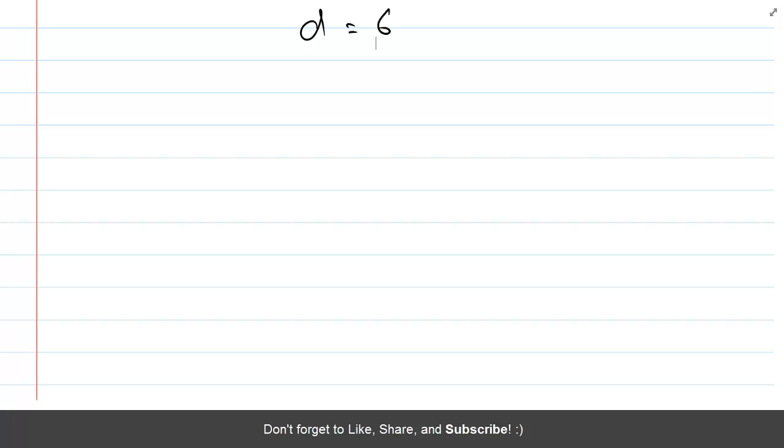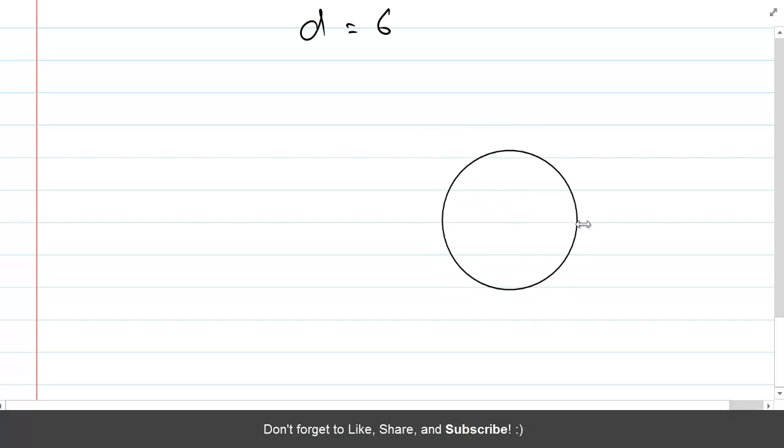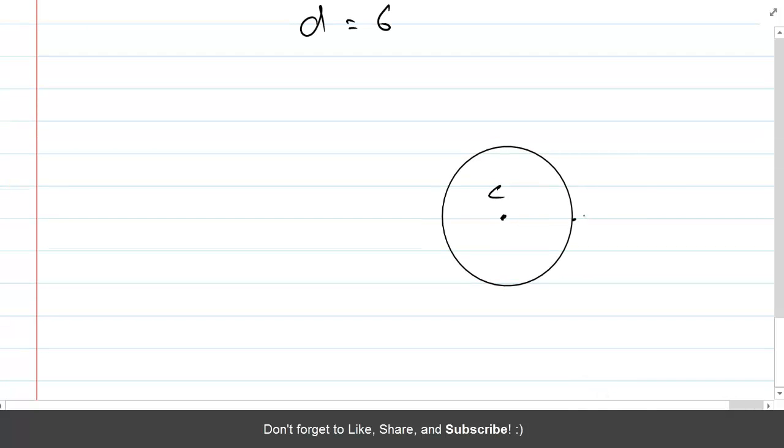this. If we have a circle, let's draw another circle here. Let's call this center C, and let's call this point P. This distance CP is obviously called the radius of the circle.